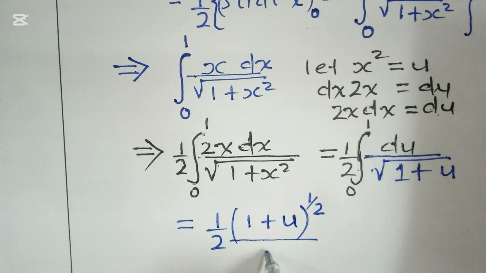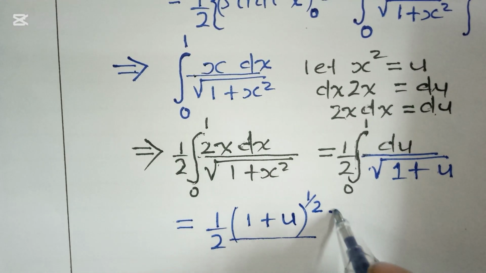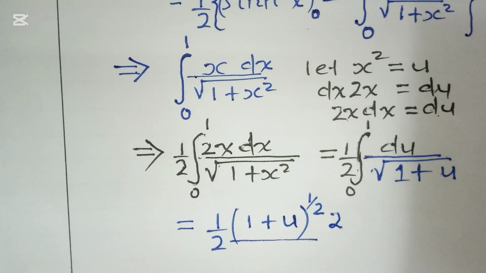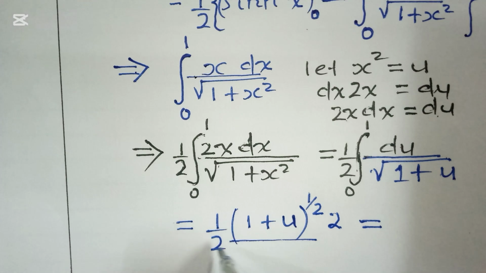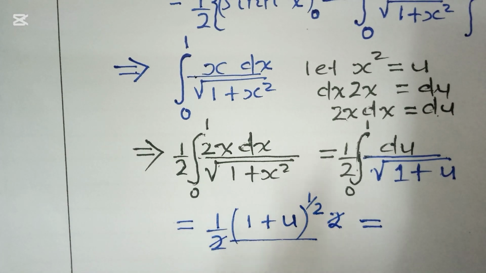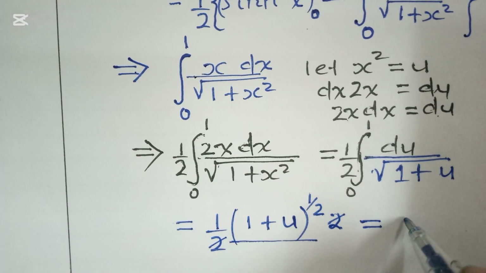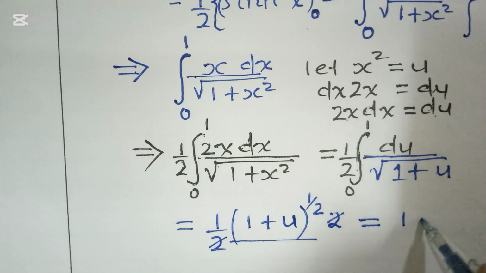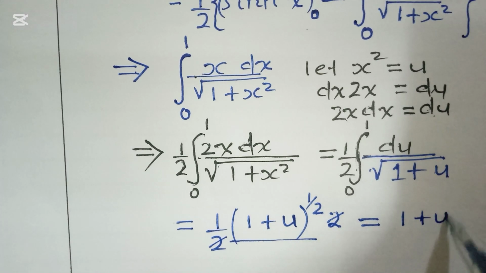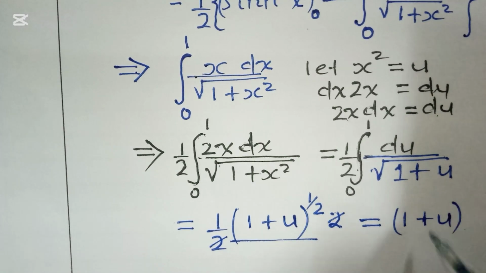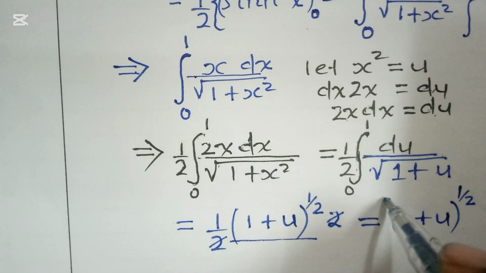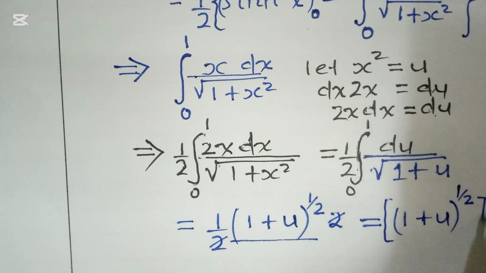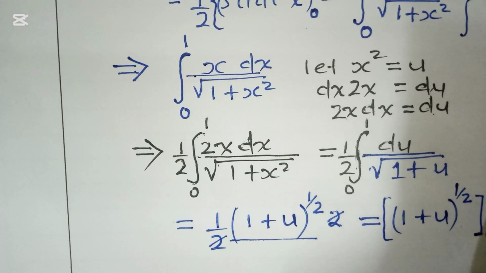So 1 will be down here, and then we are going to place our 2 there. So guys, we can cancel the 2. So we are left with 1 plus u raised to a half. All that, guys, and the limits are 0 to 1.